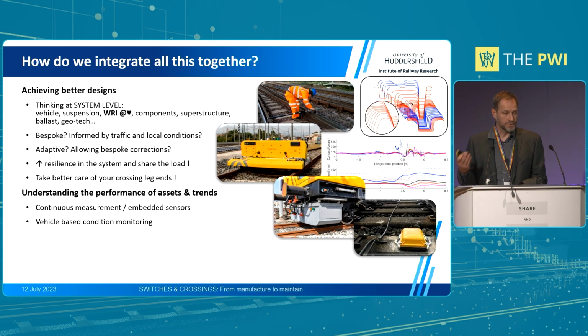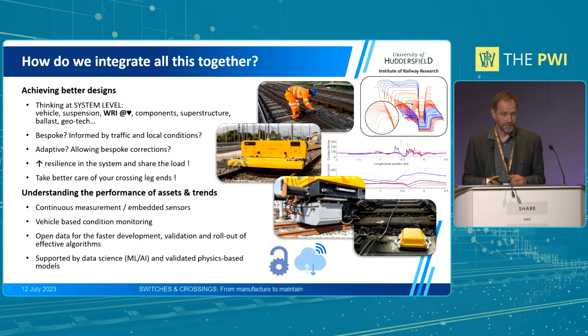You need to be able to continuously monitor and measure the system. And I think we're slowly moving towards vehicle-based monitoring over time because that's less intrusive, but we still need to understand the system from specific site monitoring.